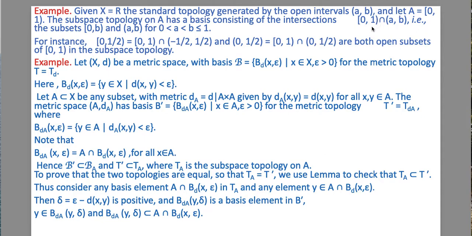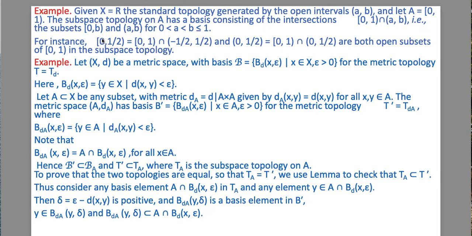because this is open at 1. For instance, if we write [0, 1/2), it is closed at 0 and open at 1/2. It means we can write it as [0, 1) ∩ (-1/2, 1/2). This is an open interval, and this is closed at 0 and open at 1.